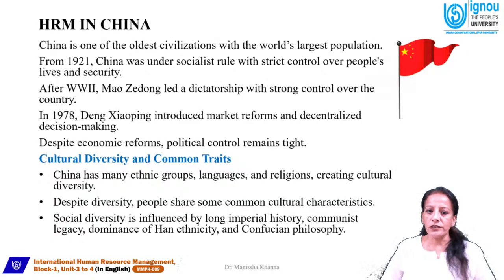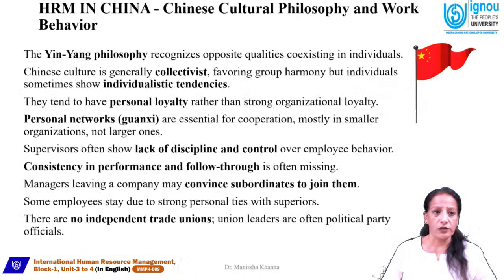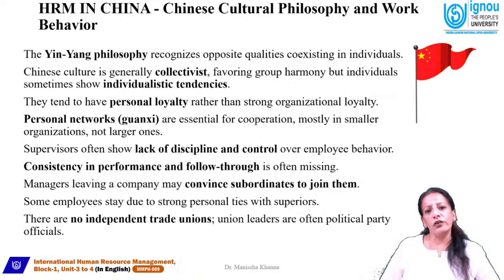The social diversity is influenced by long imperial history, communist legacy, dominant ethnicity, and Confucian philosophy. The yin yang philosophy is recognized, with opposite qualities coexisting in individuals. Chinese culture is generally collectivist. They favor group harmony, but individuals sometimes show individualistic tendencies among the employees.